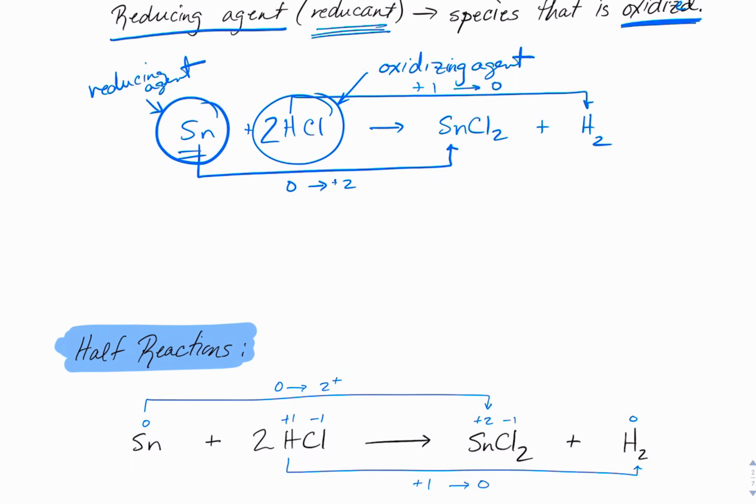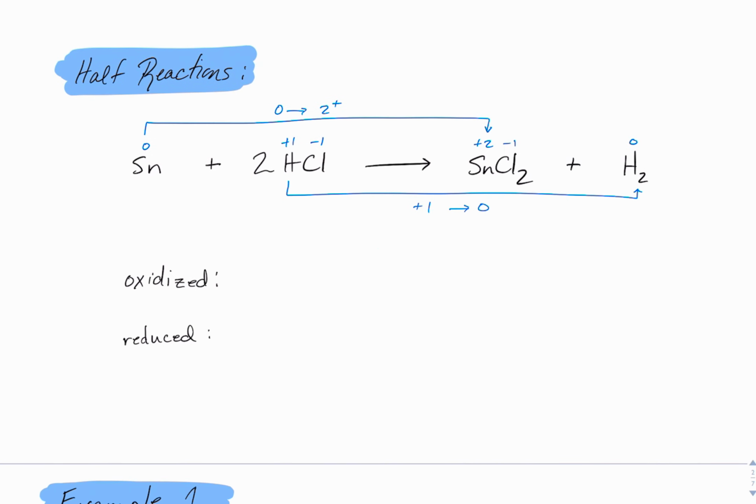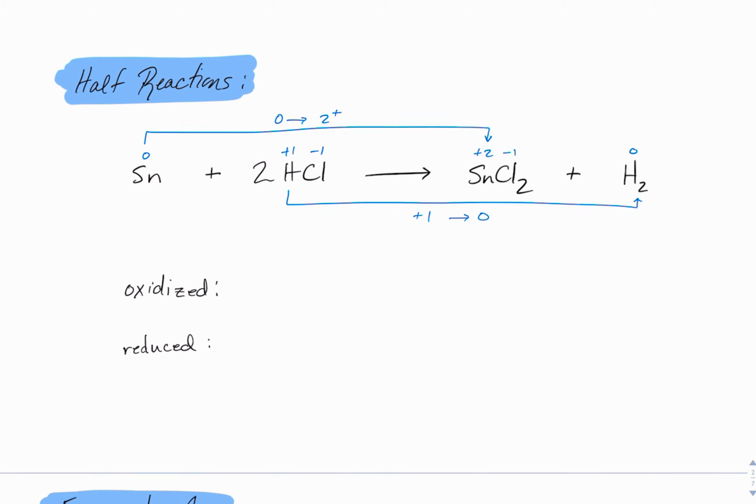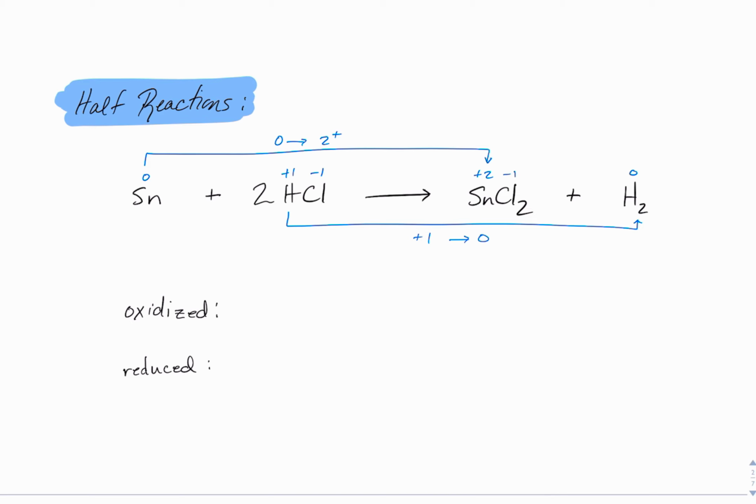And these are called half reactions. In this particular case, you would start with what is oxidized. Since we know Sn is the oxidized species, you would pull out just the elements that are being oxidized from reactant to product side.